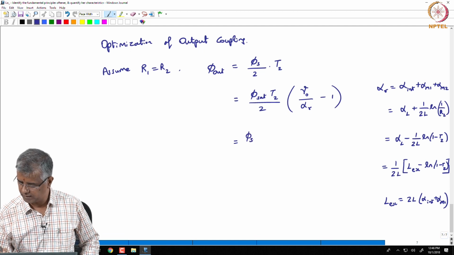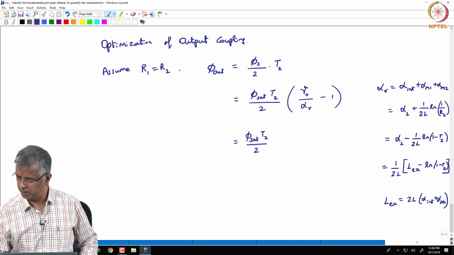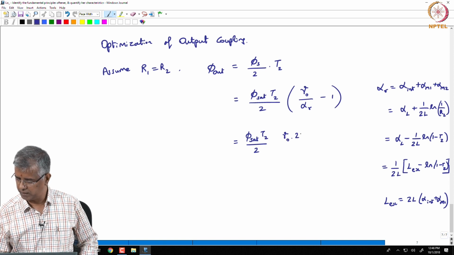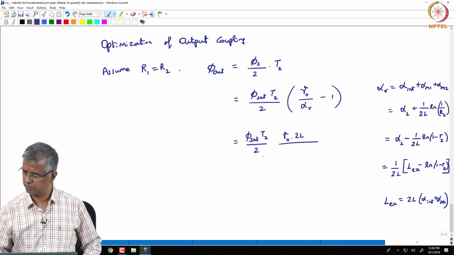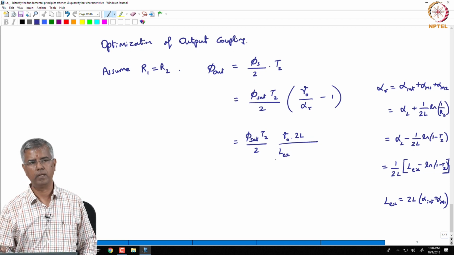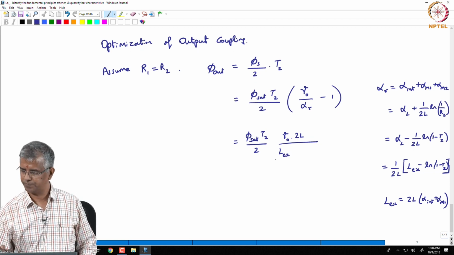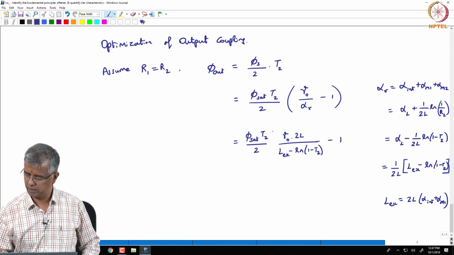So, I will have phi sat T2 over 2, and here I am going to have gamma naught multiplied by 2L divided by this loss factor Lx minus ln of 1 minus T2, minus 1.